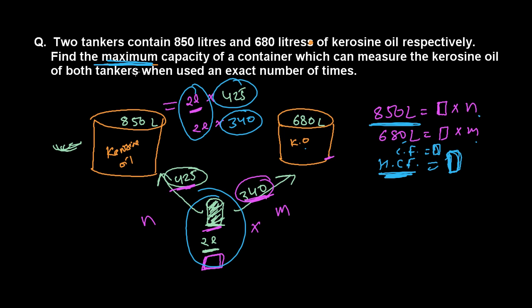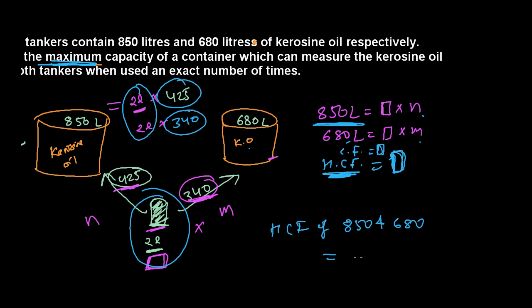So the answer is the HCF of 850 and 680, the maximum amount of oil that can be stored in a container which can measure an exact number of times of this tanker and of this tanker. So we need to first find the HCF of 850 and 680.